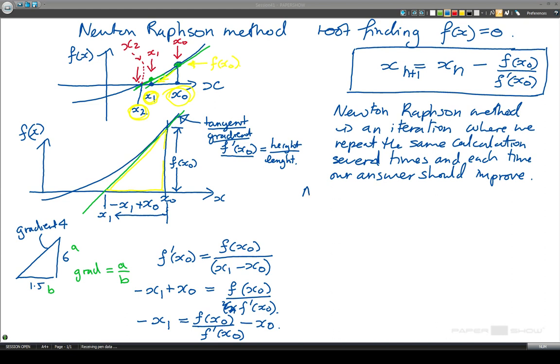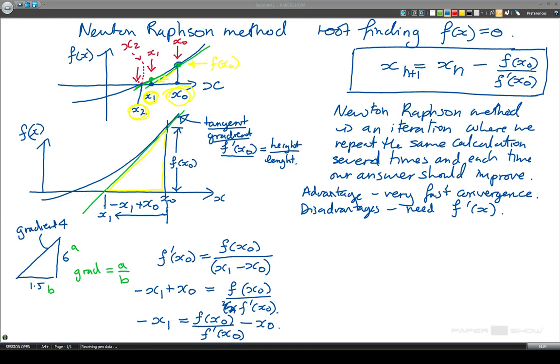So let's just note an advantage. Generally, it's very fast convergence. Disadvantages, there are a couple. We need to be able to differentiate the function. We need to be able to find the gradient.